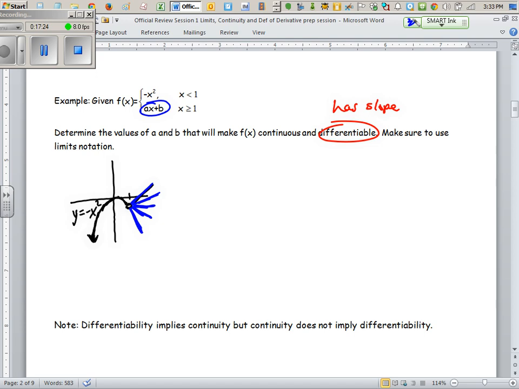We want it to be that last one. We want the slope to be exactly right, and we want it to look where, after attaching these together, we get not only continuity, but we want to have it perfectly smooth.